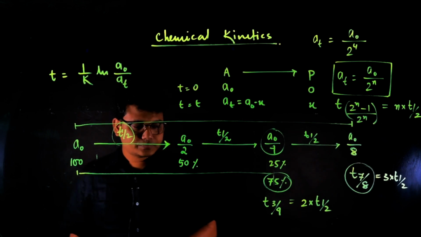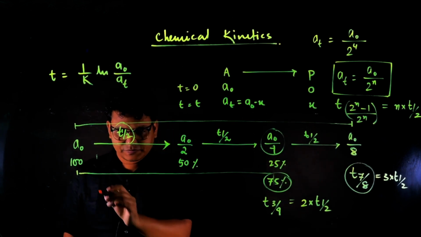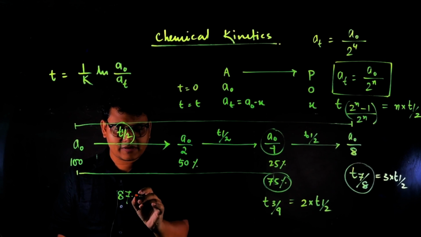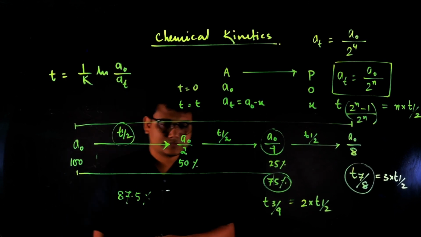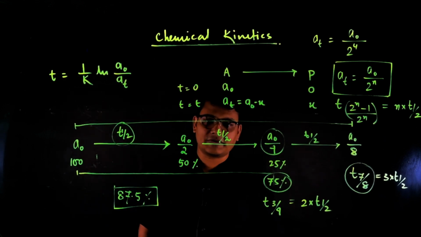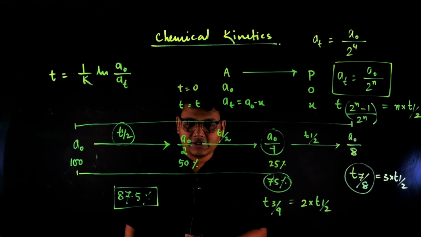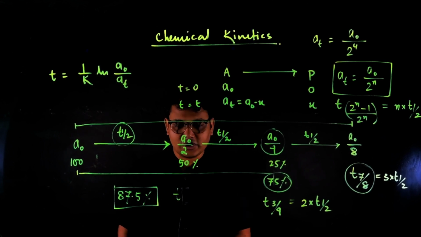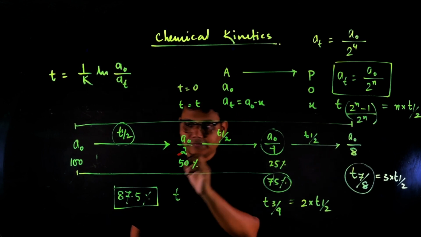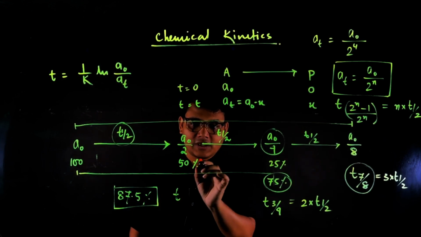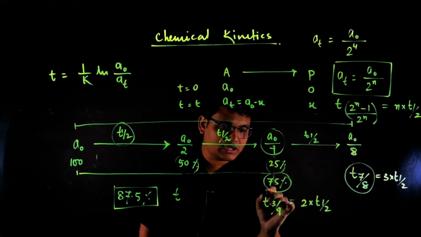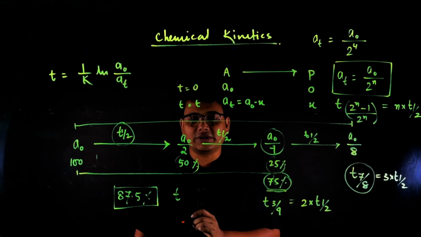Now see, if 87.5% of the reaction is completed, then the time required is as follows. First it is 50%, then half of 50% is 25%, so up to here 75% of the reaction is completed.